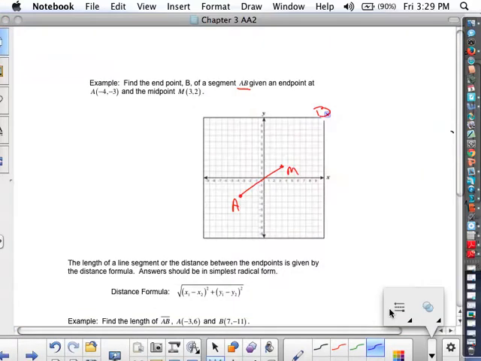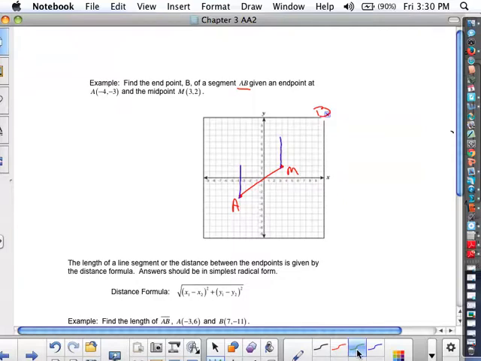One, you can look at the slope, and you can look at the vertical change from A to M. So this change is 1, 2, 3, 4, 5 units. So we can go to M and add 5 units there.